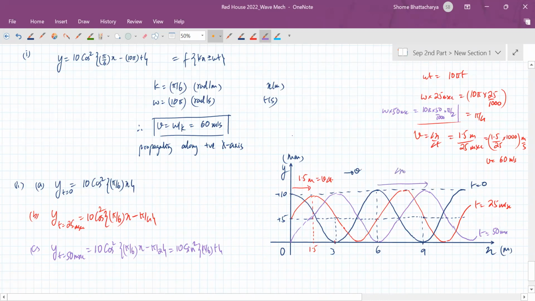So this shift is a shift of 3 meters in 50 milliseconds.